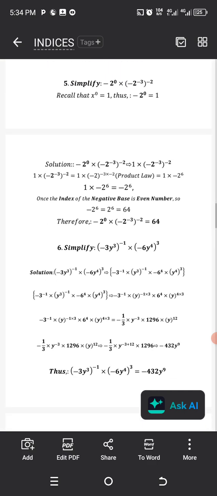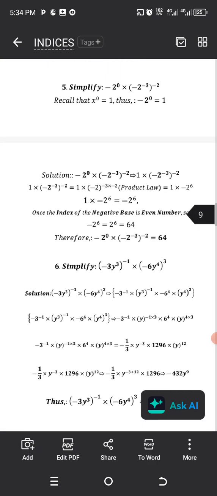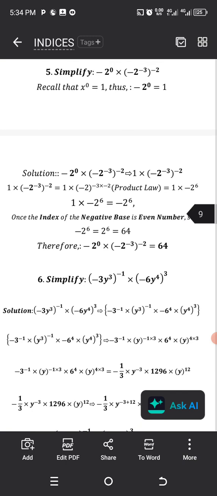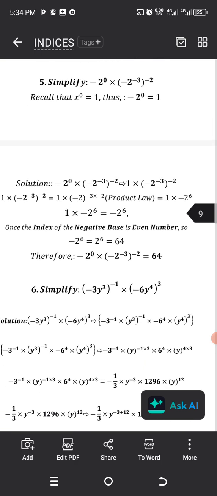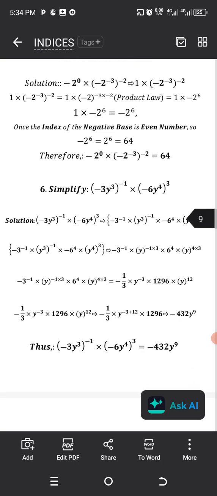So I'll zoom out again, just check through the solution. And we go to question 6. You have to simplify inside the parentheses minus 3 y raised to power 3 all raised to power minus 1 multiplied by inside the parentheses minus 6 y raised to power 4 everything raised to power 3.